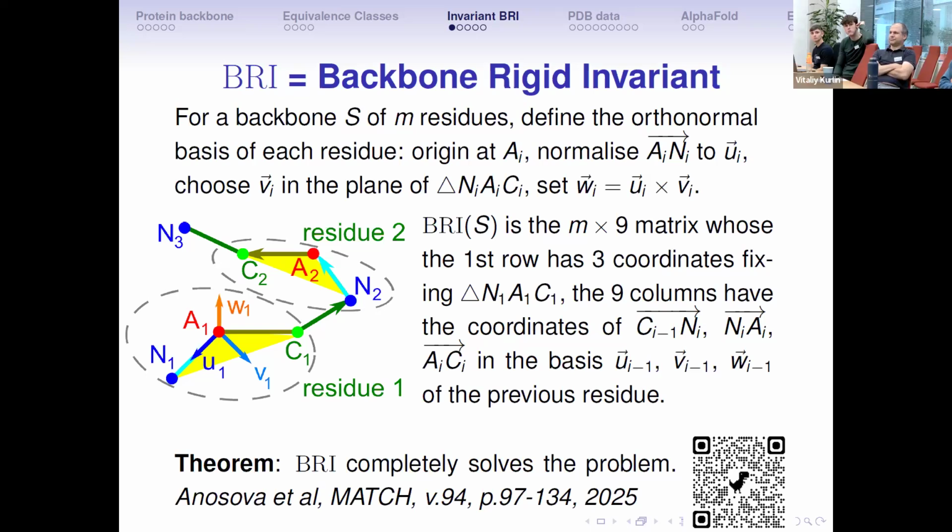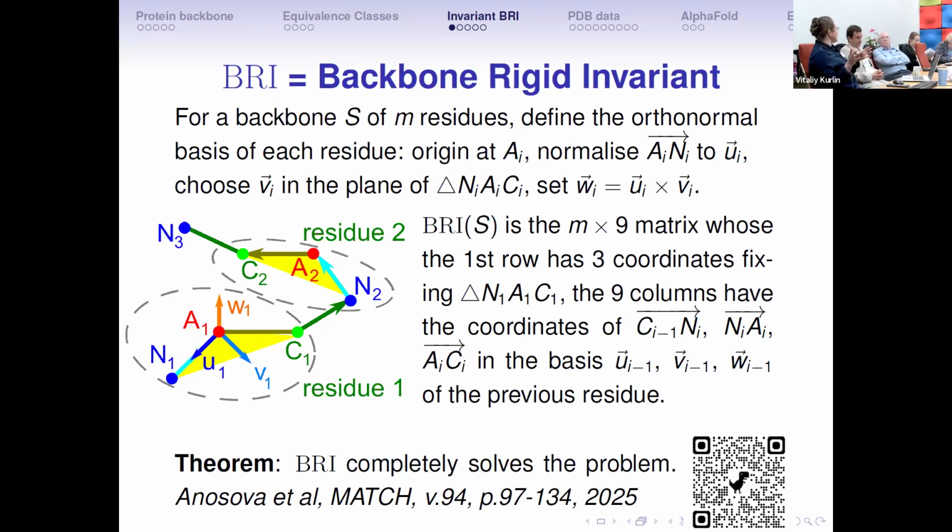So 3 atoms in the next residue, or 3 vectors connected to them, and 3 coordinates for each of them. So very simple logic behind it. Okay, and then we claim that this matrix or invariant solves our problem. That is, it's complete, and has all the other properties as mentioned.